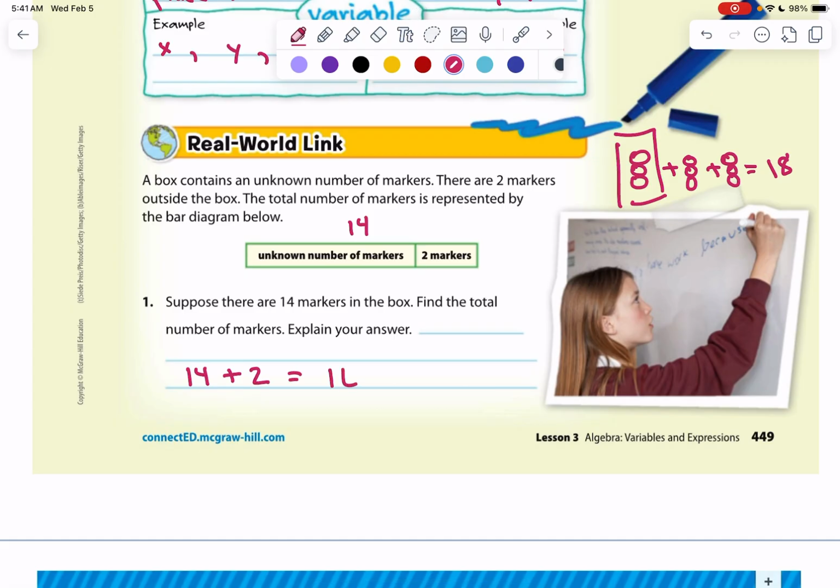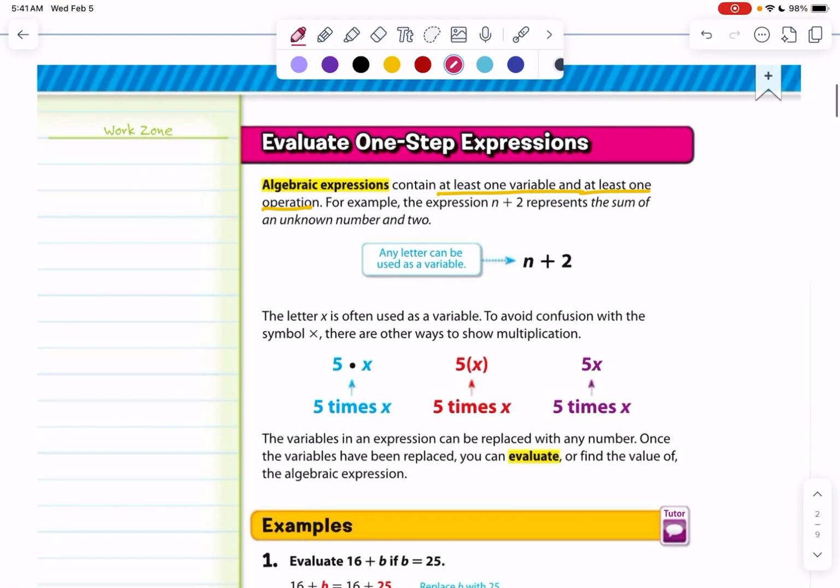So that would be 16 markers in all. Okay? So here on our bar diagram, initially this was a variable. It was an unknown. There could have been 3 markers in the box. We didn't know that yet, though.